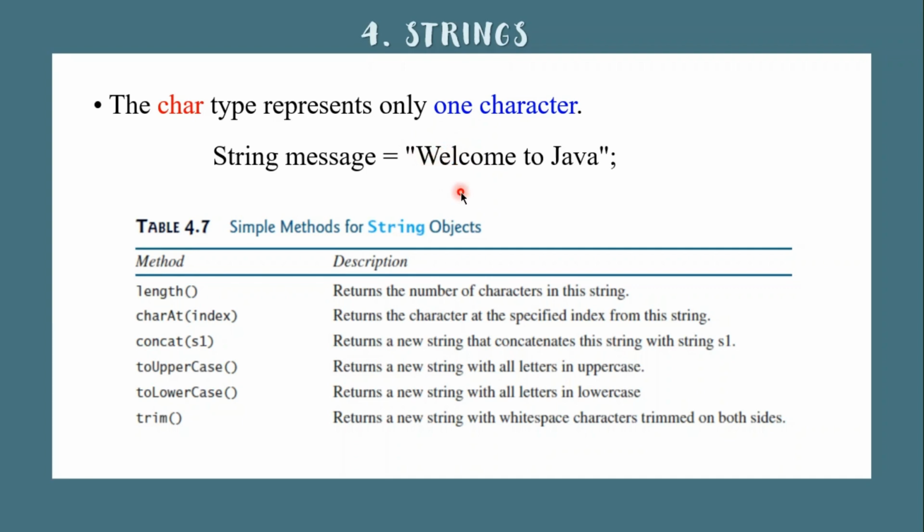E will change also to capital E, and so on. This one will do the opposite. It will return the string characters or letters into lowercase. Trim returns a new string with white space characters trimmed on both sides.